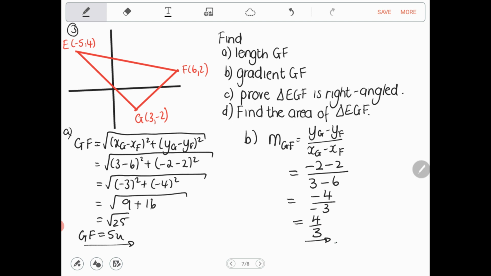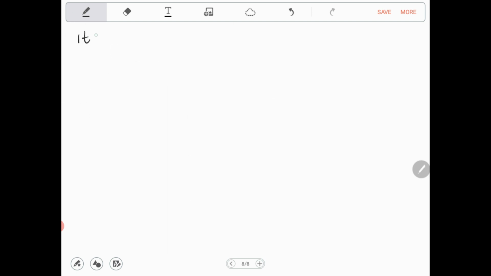All right, prove that EFG is right-angled. Well, we can see that the right angle, if it's anywhere, is going to be at G. It looks like G is the right angle.